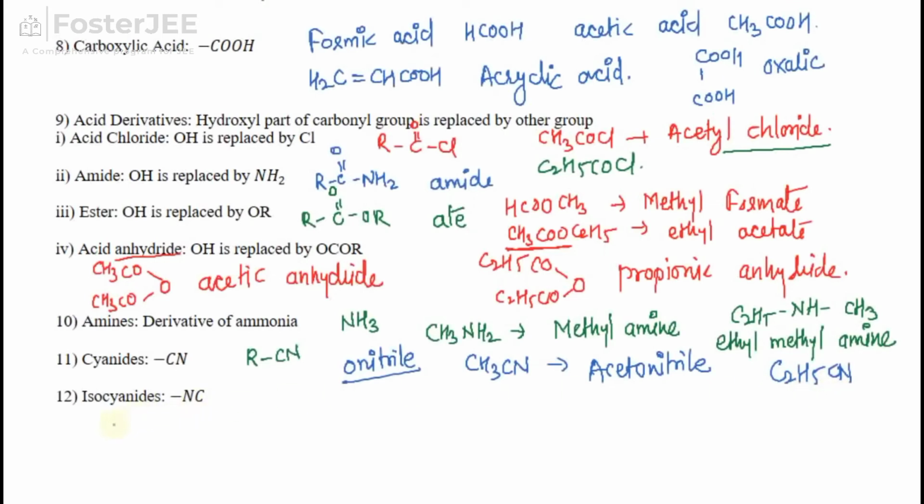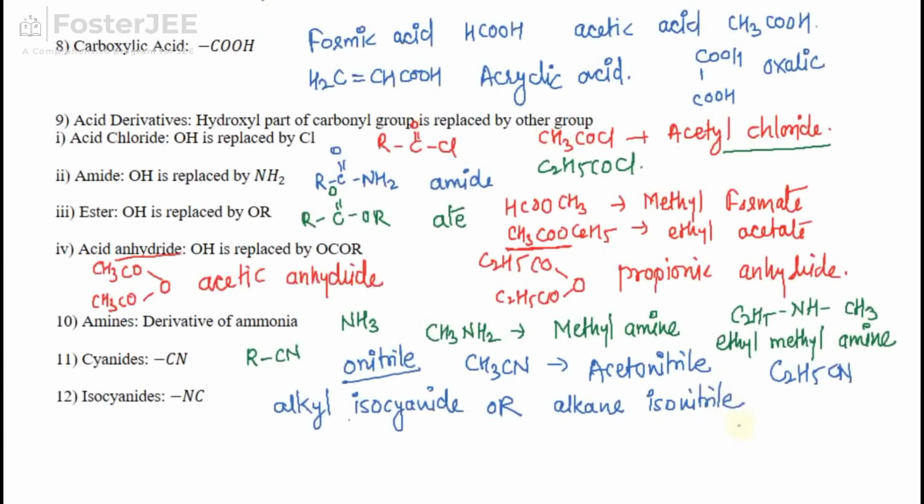Now the next category is isocyanides. Isocyanides are the compounds containing an NC group attached to an alkyl group. They are named as alkyl isocyanide, or they are also known as alkane isonitrile.